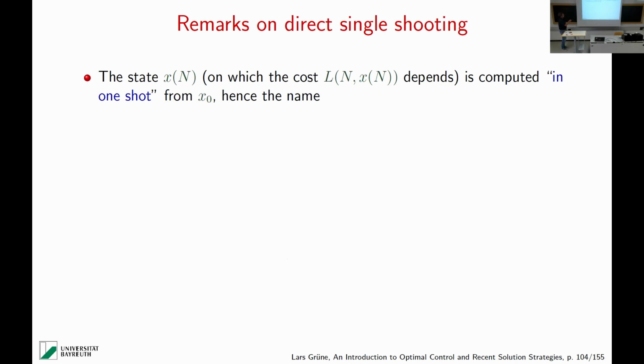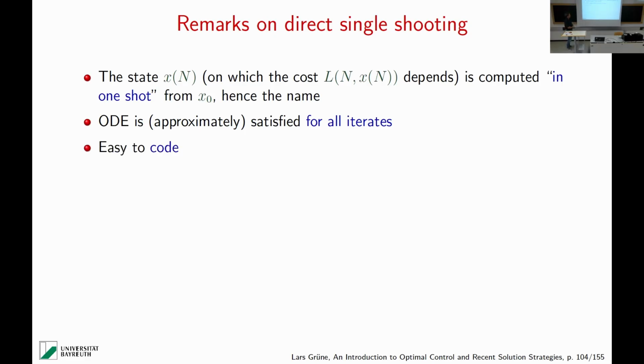So this is in one shot, and this is why it's called a single shooting method. So we really compute iteratively, but without anything in between, just by iterating this numerical solution method. We compute the state x N, on which then the optimization criterion depends, in this one shot. And the ODE is here approximately satisfied for all iterates because we use this numerical approximation scheme.